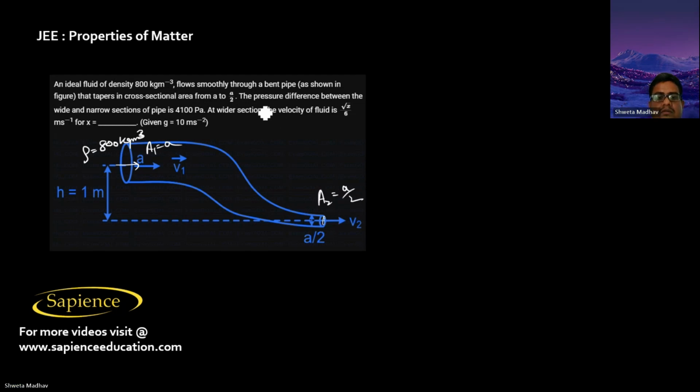Here the speed of the flow is V1 and here the speed of the flow is V2. The pressure difference between the wide and the narrow sections, where the pressure is P1 here and P2 here, P1 minus P2, is 4,100 Pascal.